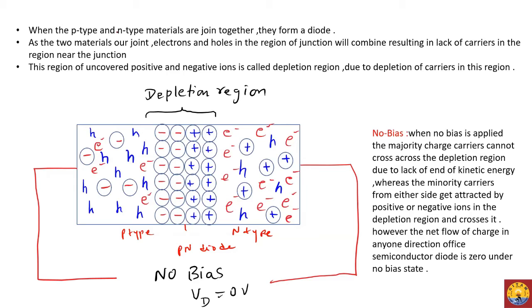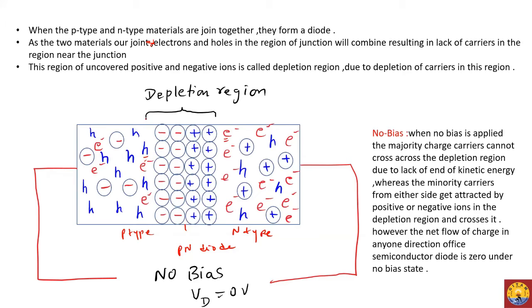When the p-type and n-type materials are joined together, they form a diode. As the two materials are joined, electrons and holes in the region of the junction combine, resulting in a lack of carriers near the junction. We have carriers all over the n-type and p-type, but when you bring them together, the electrons from the n-type and holes from the p-type recombine.